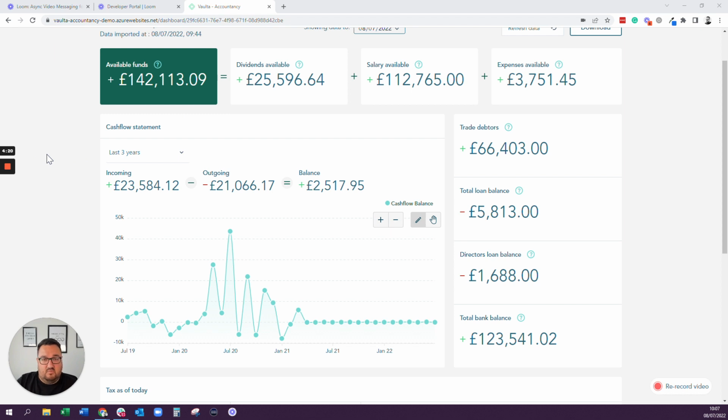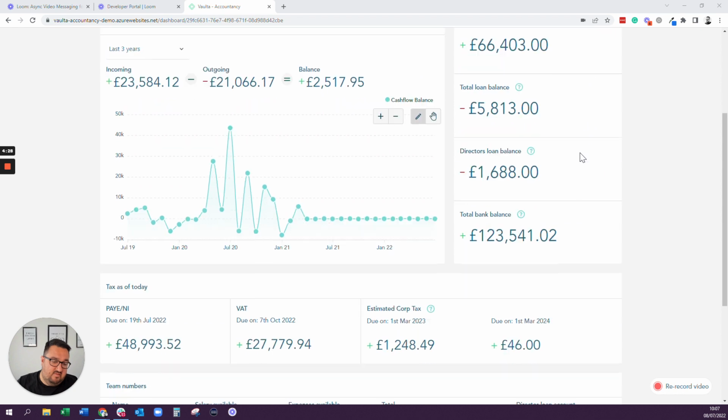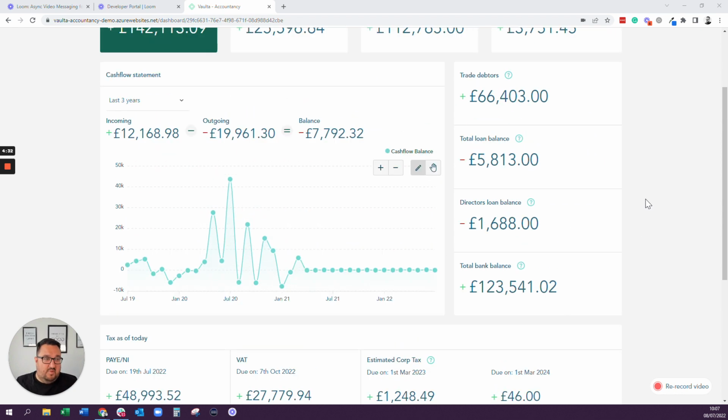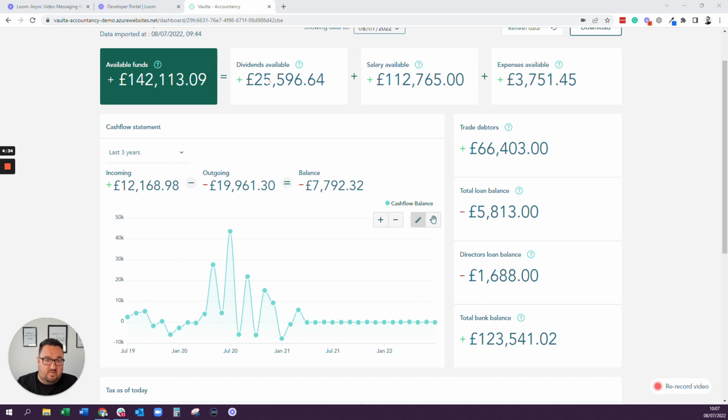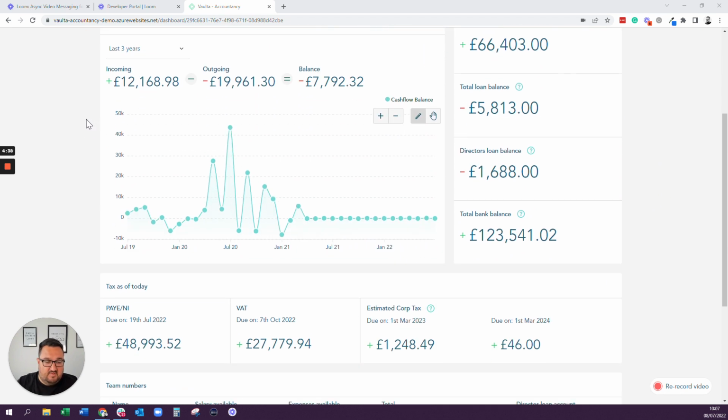So what I like to do to really add value to our clients is to take a look at the dividends available, but also look at the bank balance, the trade debtors, the director's loan, and the tax. So what I would be looking for is saying, well, this client has £25,000 worth of dividends that they could take maximum. What does their tax situation look like?